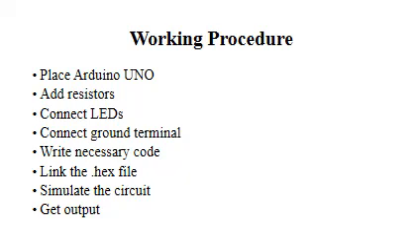Here we present the working procedure of our experiment. First we will draw the circuit and take Arduino UNO, where the word UNO means one in Italian language, and it was chosen to mark the initial release of Arduino software.